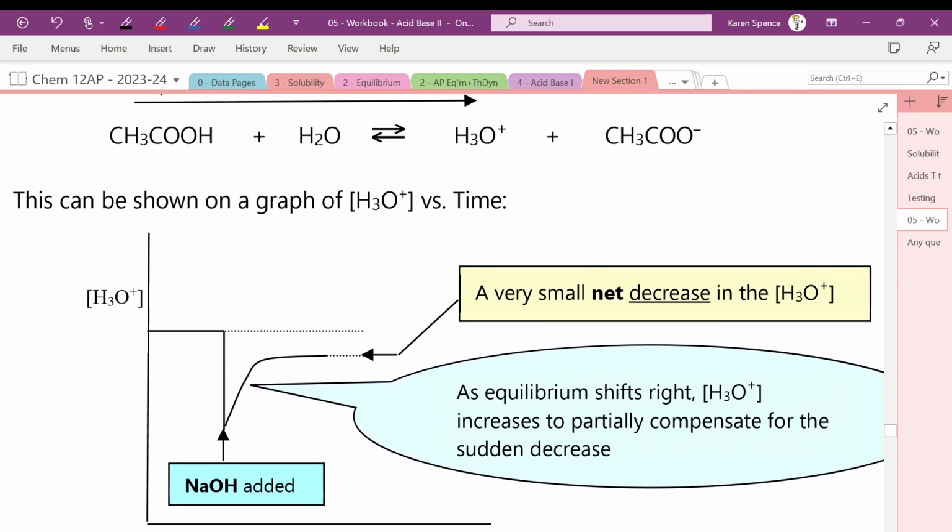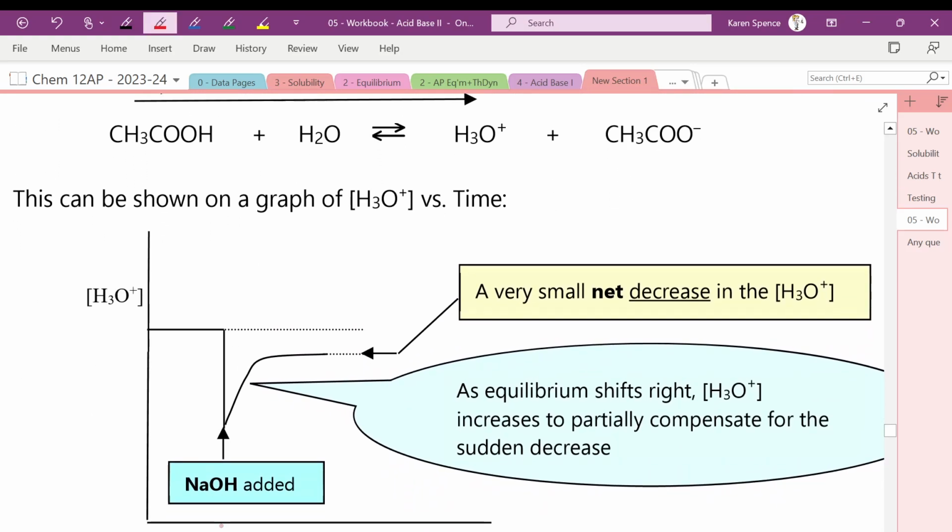So if you see, here's our graph. We added some NaOH. As the equilibrium shifts right, the H3O plus increases, but it does not quite get it back up to where it was. So we'd have a slight net decrease in H3O plus, okay?